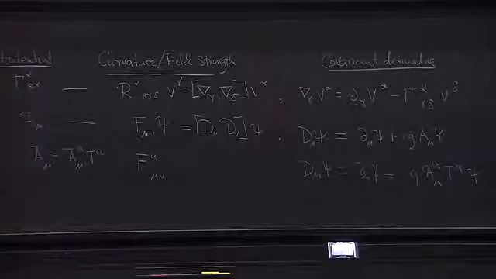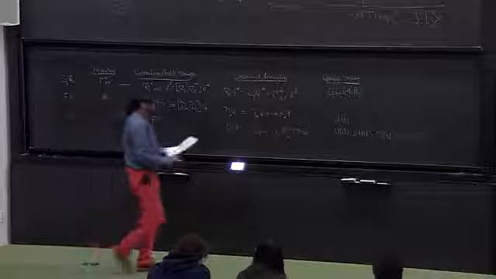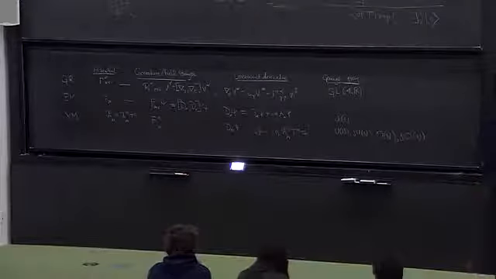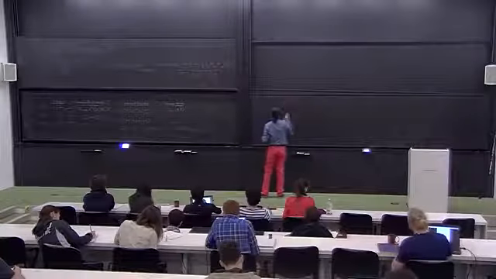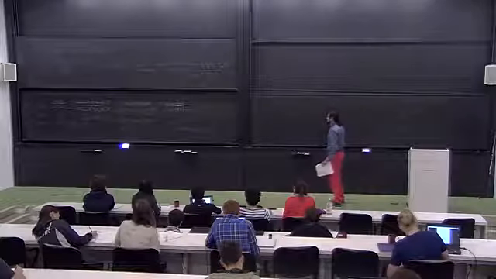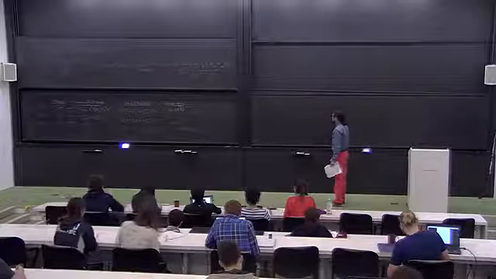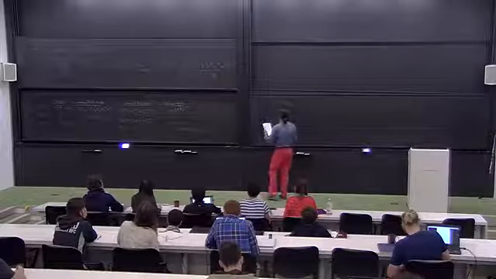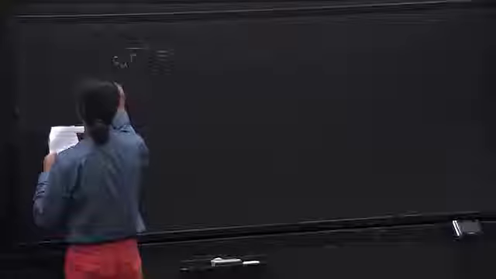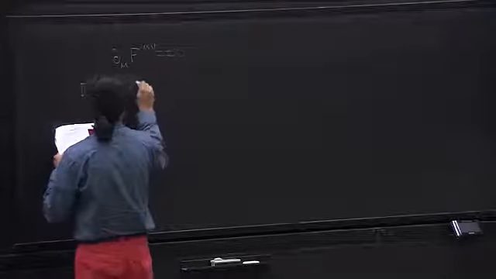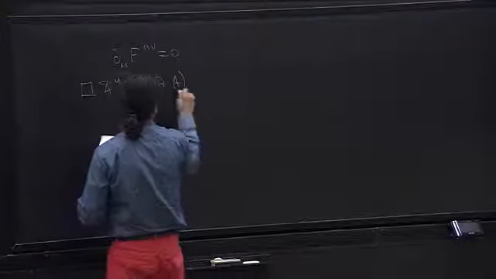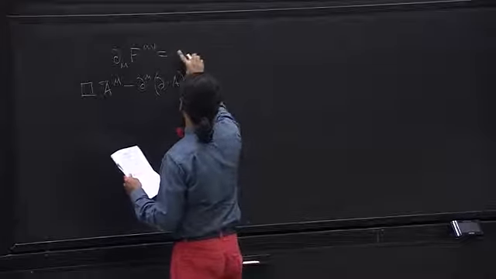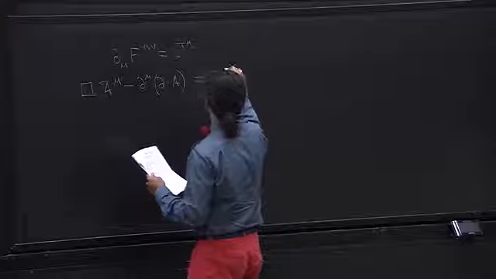Let us come back to discussing electromagnetism. So we can express the first of Maxwell's equations in relativistic form in terms of A mu, and it takes this form: box of A mu minus the derivative acting on the divergence of A, equals the current.